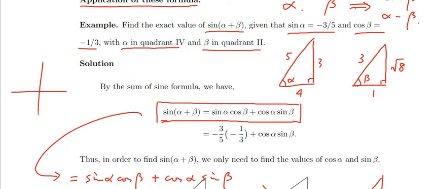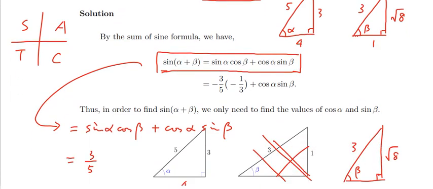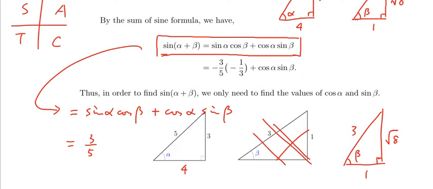As in "all students take calculus," in quadrant 4 sine alpha is negative. Then cosine beta is 1/3.